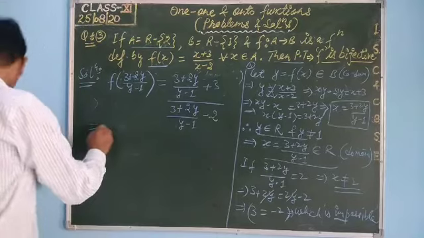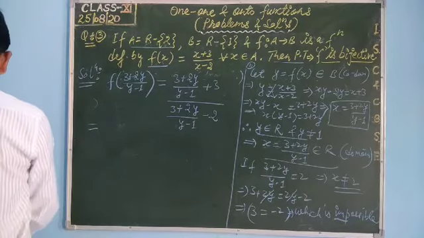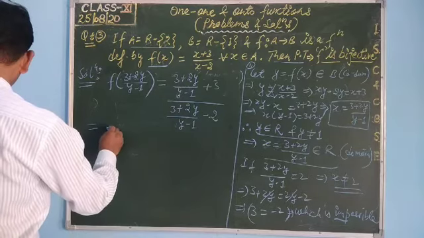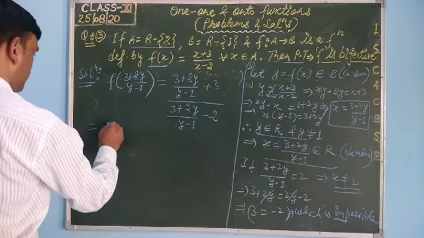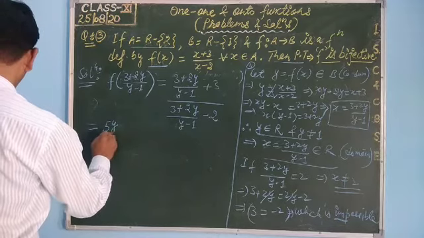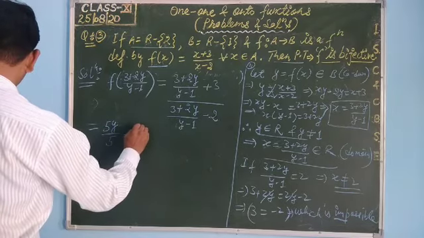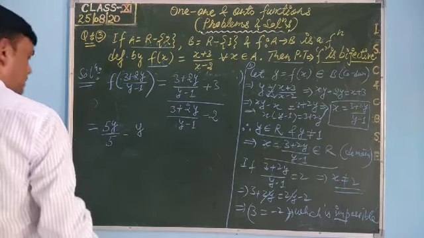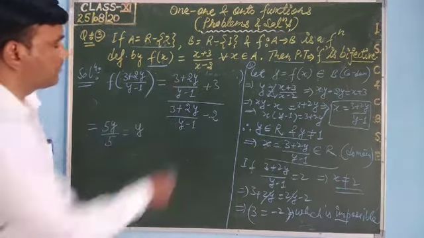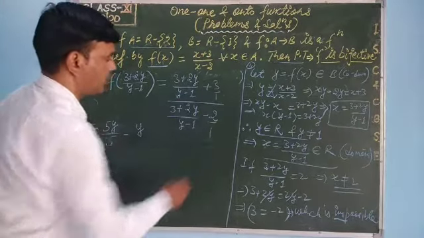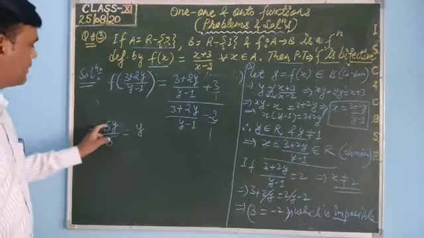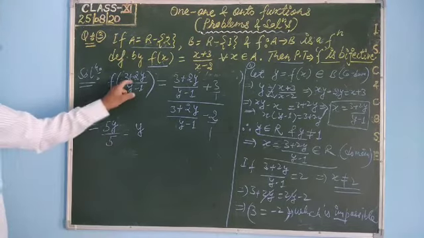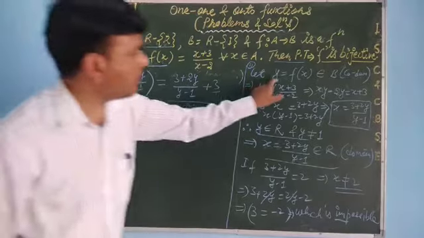If I solve this, I have the solution here, that is equal to 5y upon 5, which is equal to y. After simplifying, taking LCM, solving all, we will get at the last 5y upon 5 is equal to y. It means f(x) is equal to y, what we had taken earlier here.